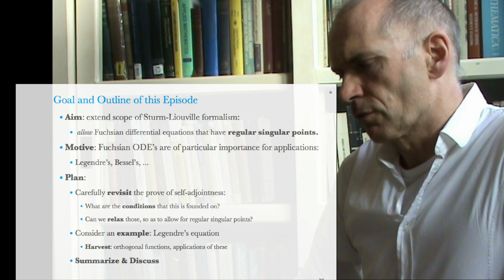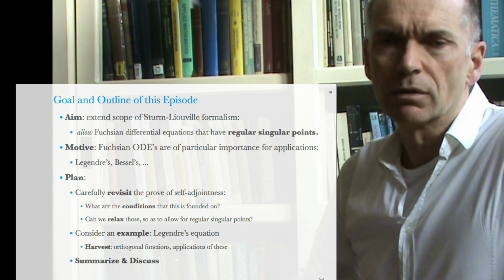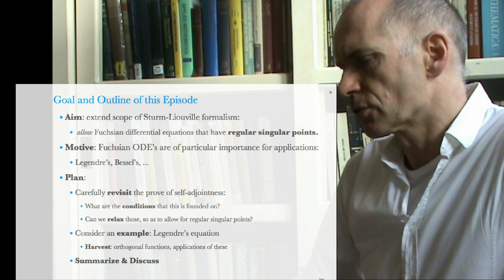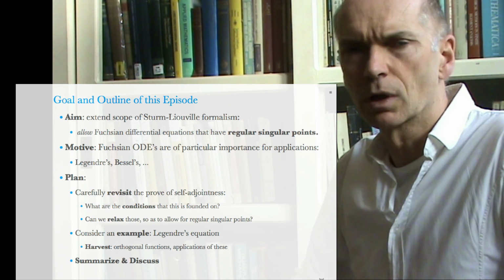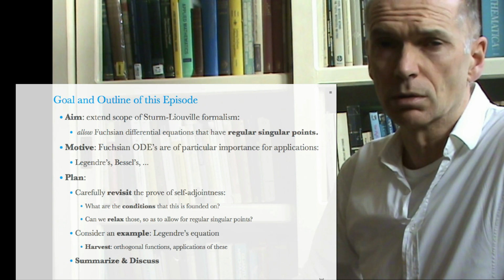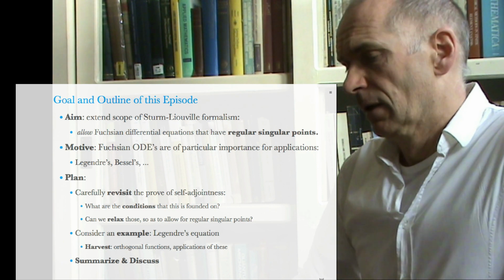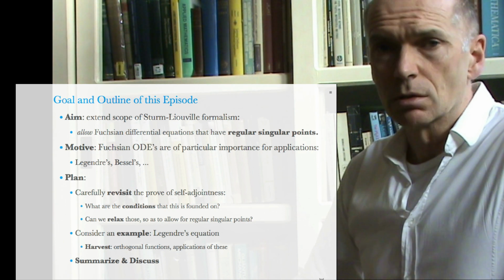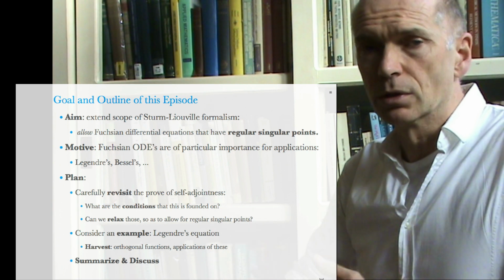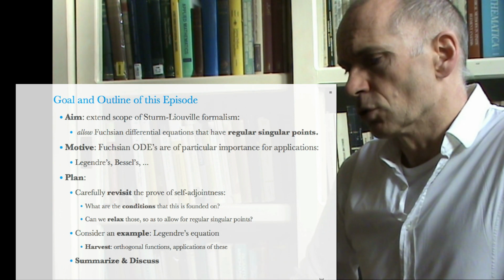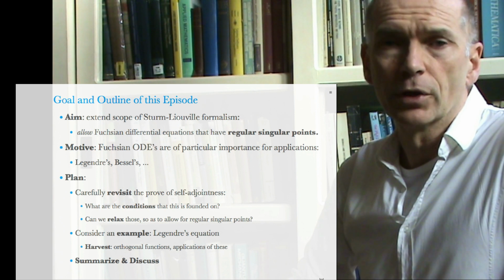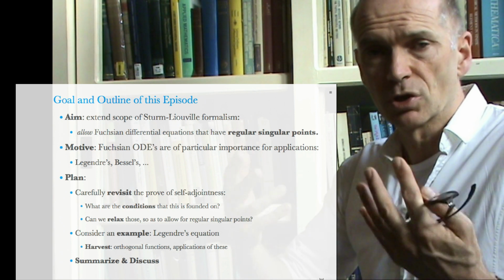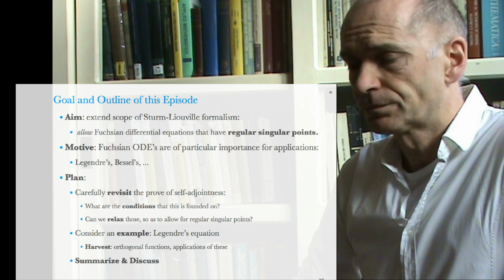I said the motive for that is that Fuchsian ordinary differential equations with regular singular points are very important for applications, certainly also in aerospace engineering. You might think of Legendre's equation and Bessel's equation. For example, Legendre's equation emerges if you solve the problem of the gravitational potential using separation of variables.